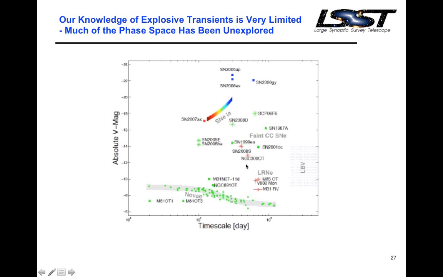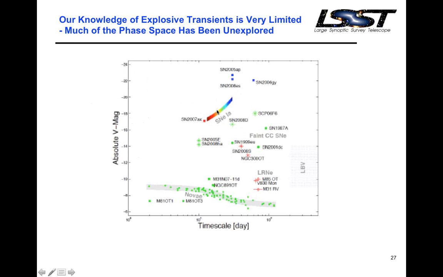Core collapse supernovae are distributed a little bit more distinctly. These are luminous blue variables. The interesting thing about this plot is not where individual objects fall, but just how much of it is open. And a lot of it is open not because there are no objects that vary at those magnitudes and on those timescales. It's because we've never really had a facility to look.